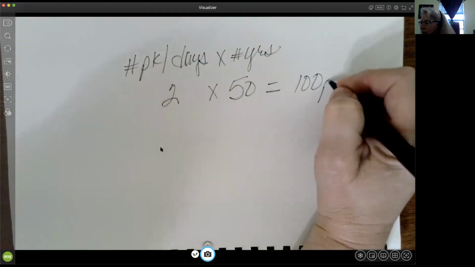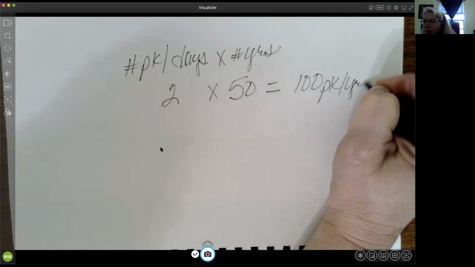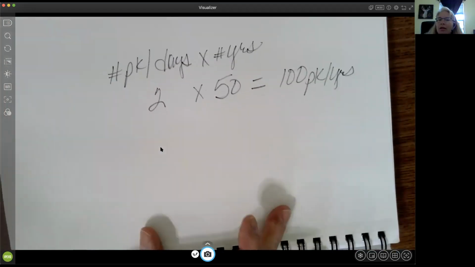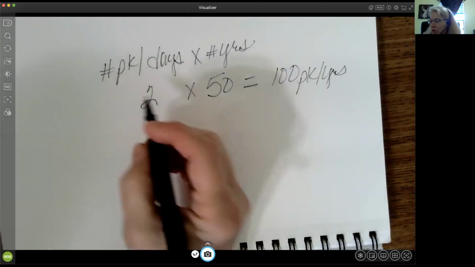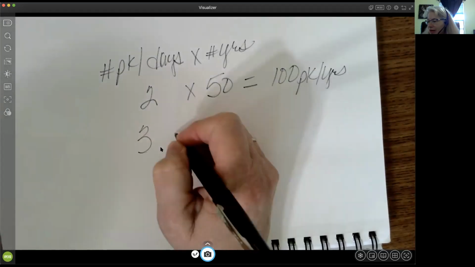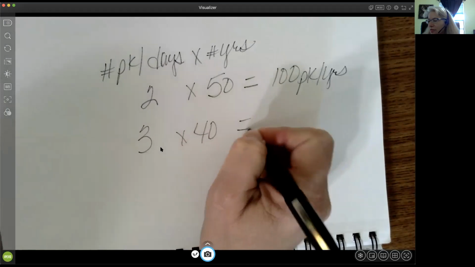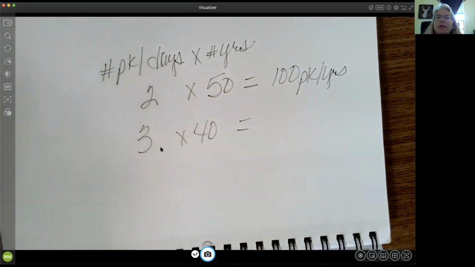Okay, so it's going to be 100 pack years. Let's say that you have someone who quit 10 years ago, but before they quit, they had smoked 3 packs a day for 40 years. What's their pack year history going to be?